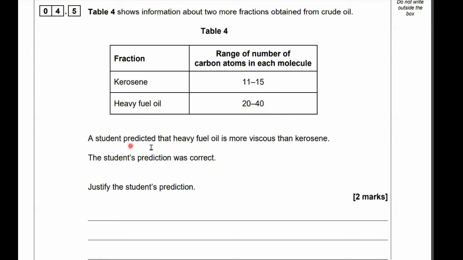Heavy fuel oil, it's got 20 to 40 carbon atoms in it. The student predicted that heavy fuel oil is more viscous than kerosene. The student's prediction was correct. Justify the student's prediction. Well, it's got more carbon atoms, so that's going to get us a mark. That justifies the answer. And therefore, it's more dense. It's a larger molecule.